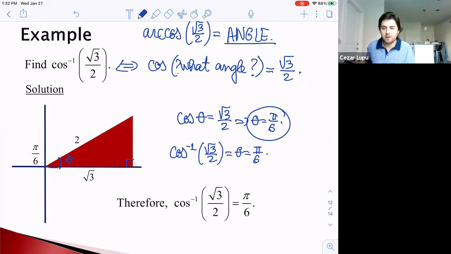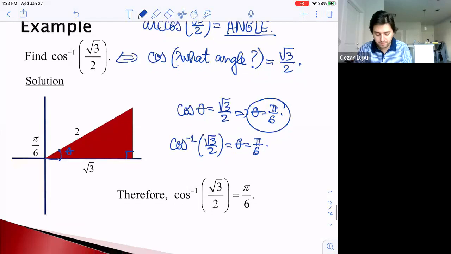Is it clear for everybody? All right. So that's one way to go. But this is the simple case. We'll see something a little bit more complicated.